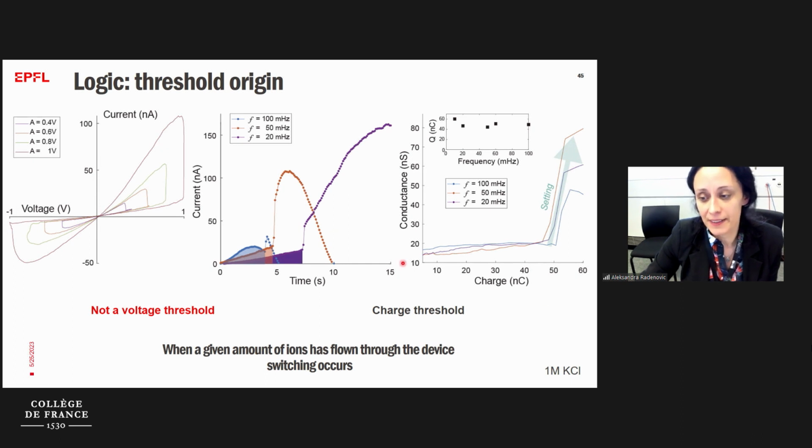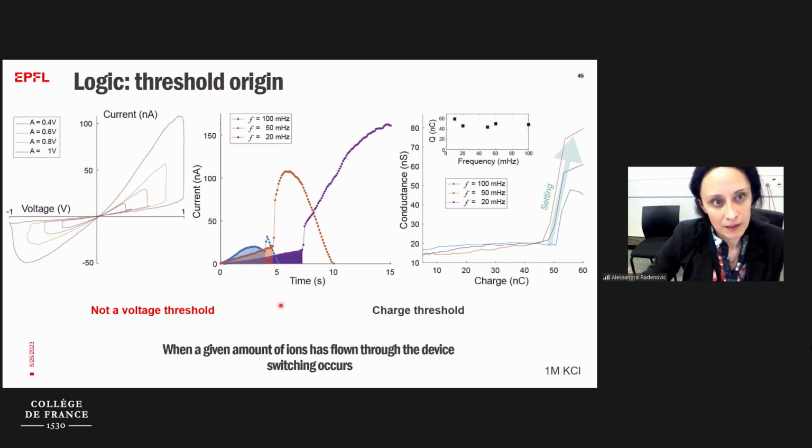We see that the time required to reach the threshold increases monotonously with decreasing frequency, showing that the switching is not only related to the time spent at positive voltages, but likely to the charge. If we also look at the amount of charge as a function of frequency, we see that this charge is preserved and not dependent on the frequency.